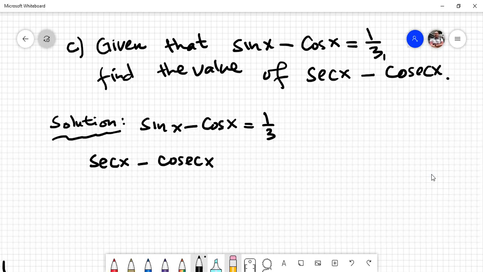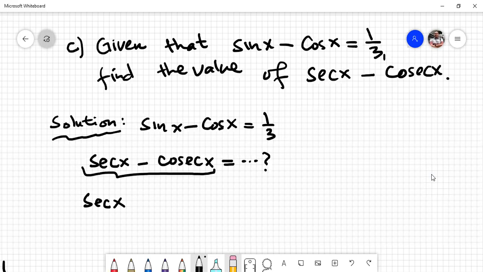Now I just play with this. Remember that because this is sine and this is cosine, I'm trying to figure out this expression in terms of sine and cosine.